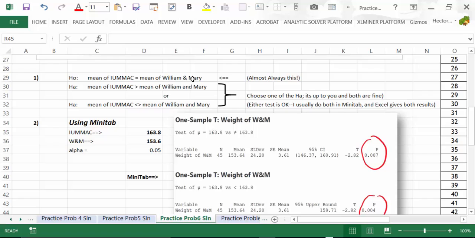Our alternative, H sub A or H sub 1, whichever you prefer, is that either William & Mary is less than, because we find evidence of that in our sample, the mean of all of the UMAC teams in the country, or we can simply say it's just different. This is a one-tailed test because we have directionality here. This is a two-tailed test because we don't have directionality. We just say it's simply different.